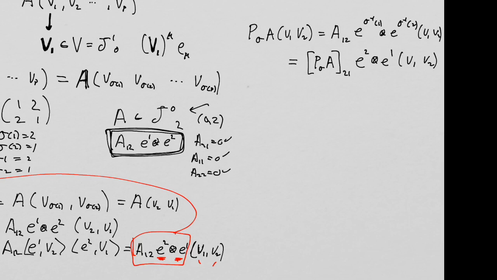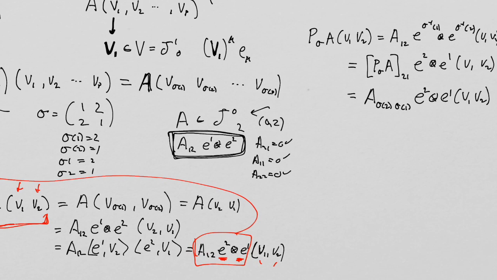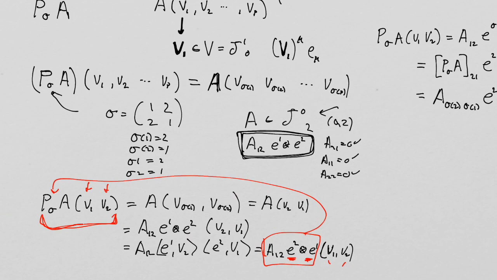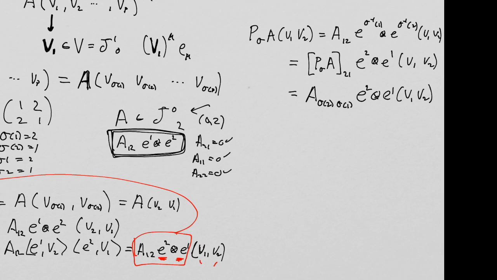In this method I'm trying to keep the arguments without shuffling them. In the method before, we shuffled the arguments, and then this becomes A sigma 2 sigma 1 E2 tensor product E1 on V1, V2. So this is another way of producing the same result, where instead of shuffling the indices, we shuffle the basis vectors. But it's all the same.